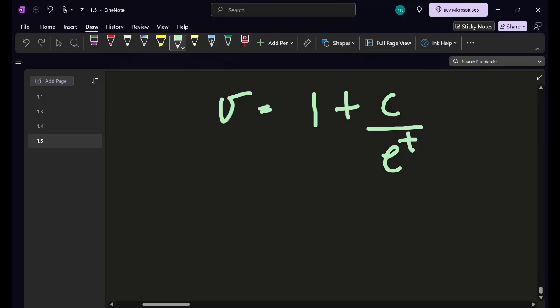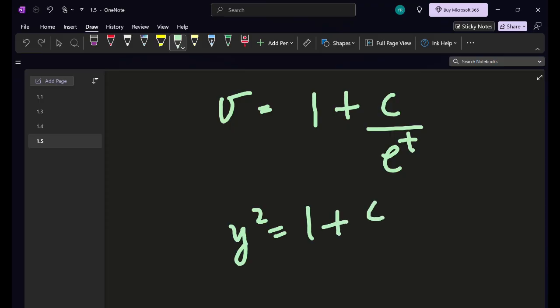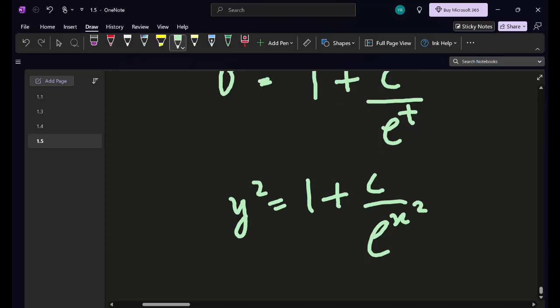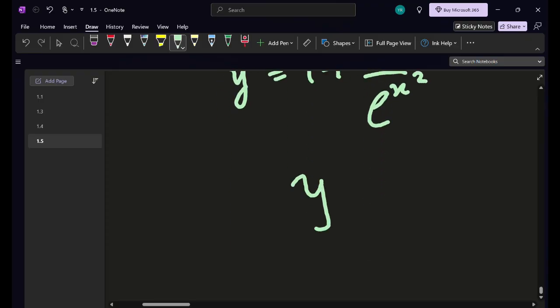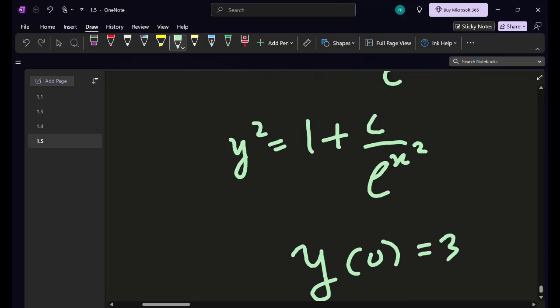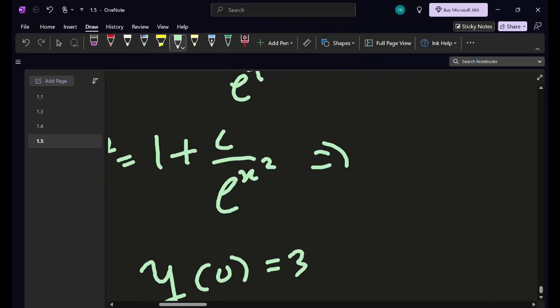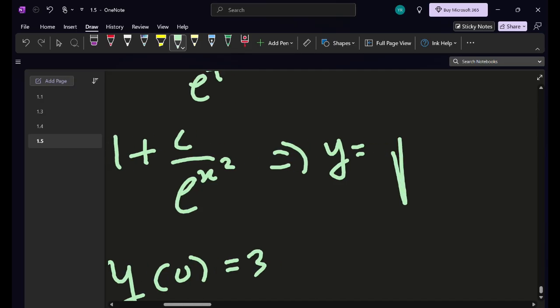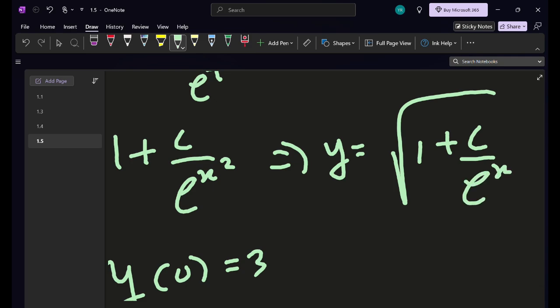So what was v? v was y², so y² is equal to 1 plus c, and substituting the value, this is x². Now for the initial value, which was given as y(0) equal to 3, this can be written as y equal to the square root of 1 plus c e^(x²).